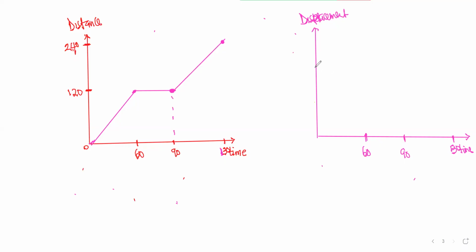So when she moved from home to the friend's house, she covered a distance of 120. So this 120 displacement must be there. So the slope will determine the uniform velocity.